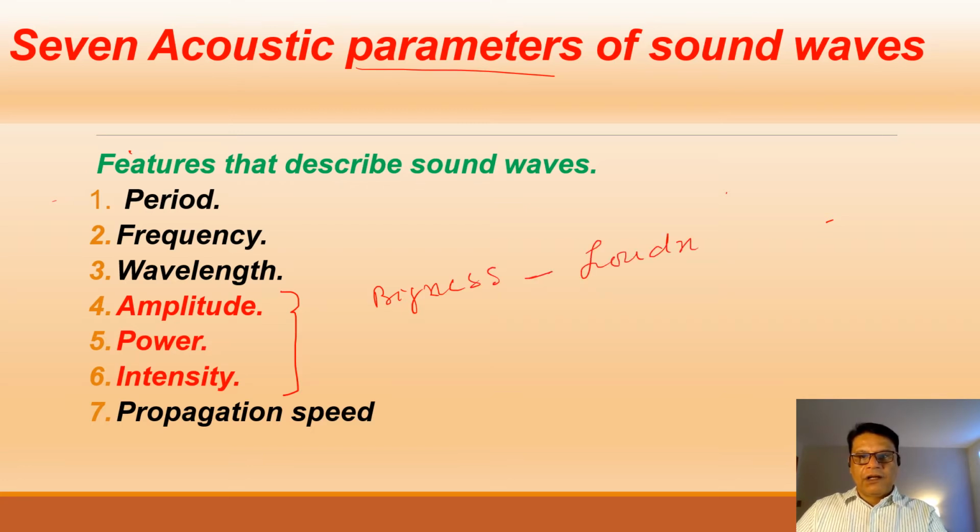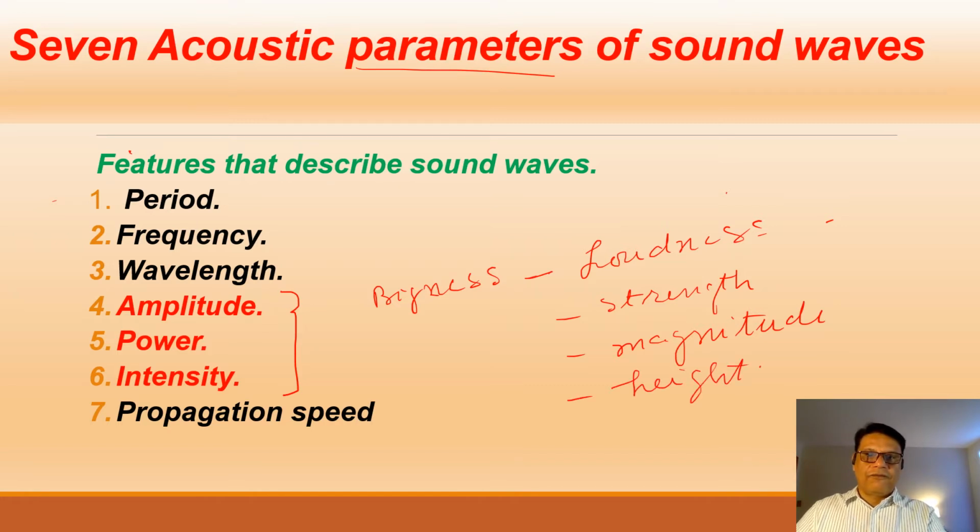Bigness means loudness, strength, magnitude, or height of sound waves. Any increase in amplitude will automatically increase power and intensity, and any decrease in amplitude will decrease power and intensity.